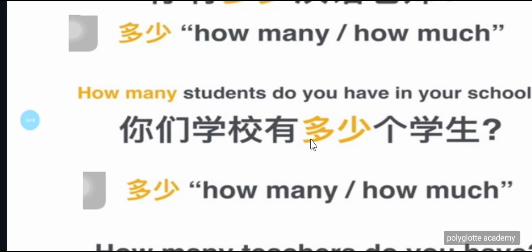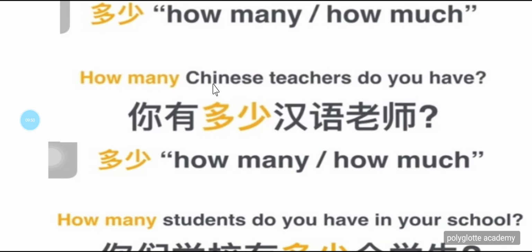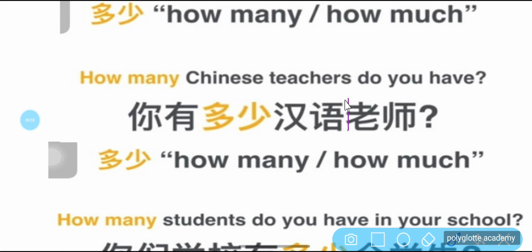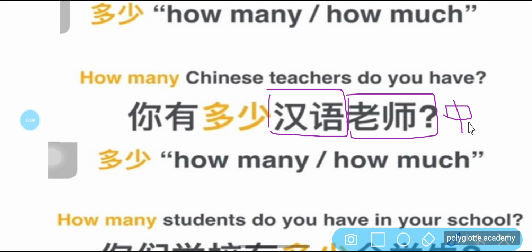Now the previous one was how many Chinese teachers do you have? So I did not explain 老师 which is teacher, and Hanyu is Chinese. So people will get confused that Zhongwen is also Chinese, Hanyu is Chinese.